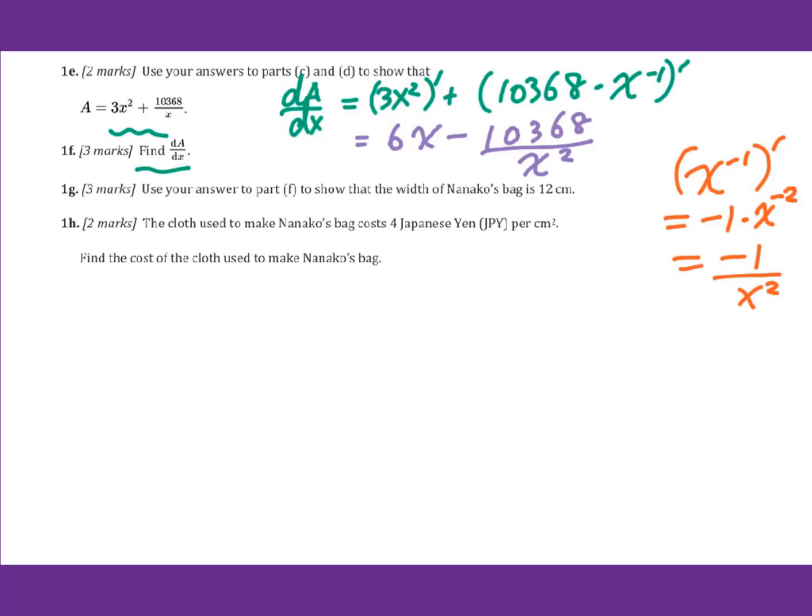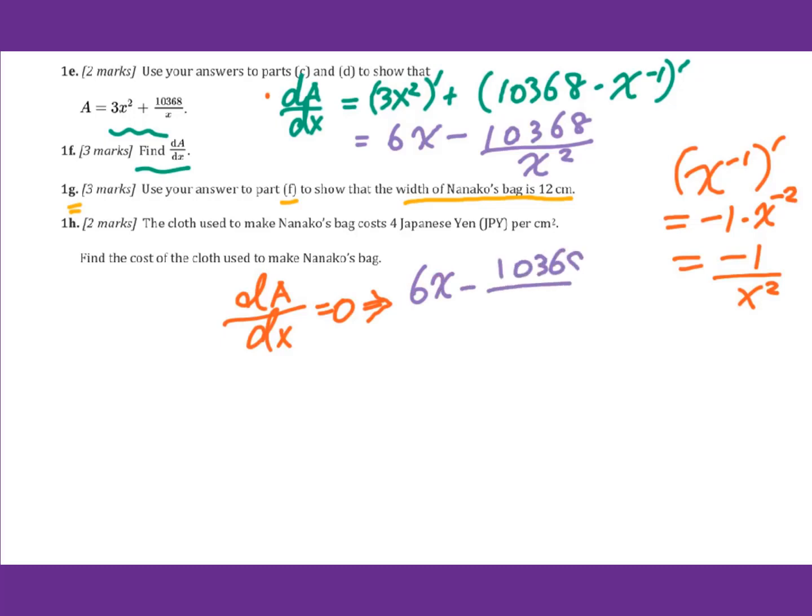For 1G, use your answer to part F to show that the width of the bag is 12 centimeter. We want to get the minimum of area. Therefore, you will set up dA by dx equal to 0. So we have 6x minus 10368 over x squared equal to 0.